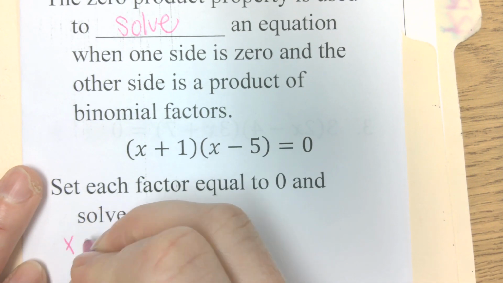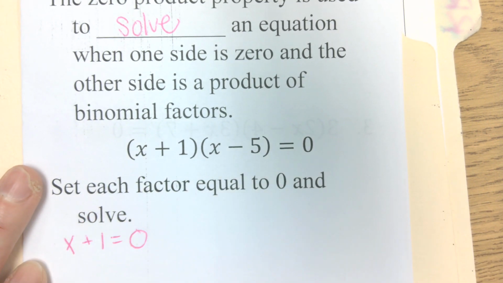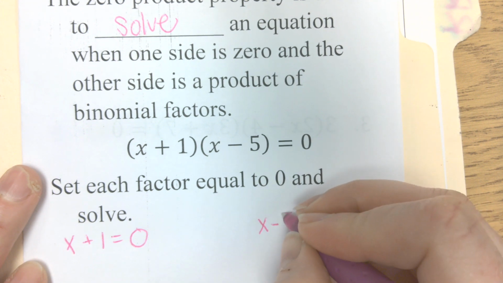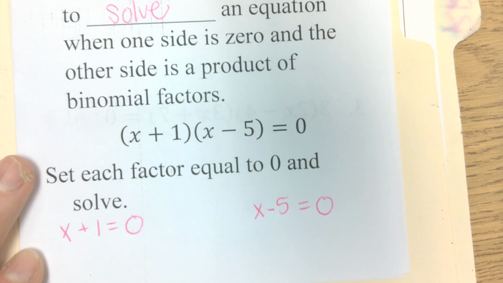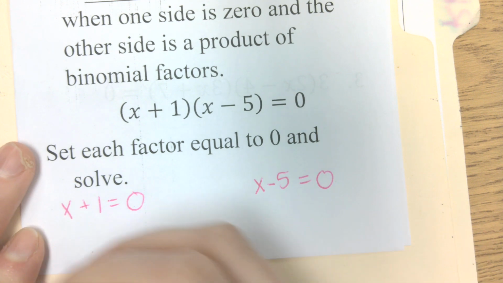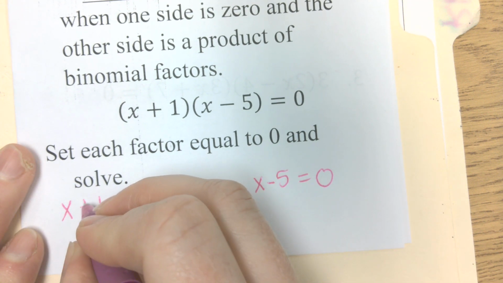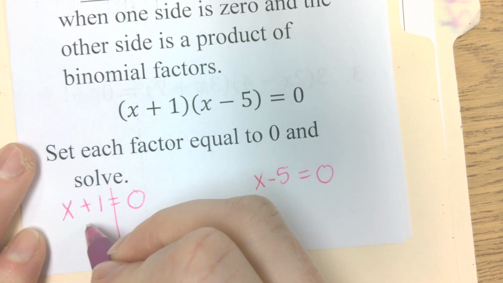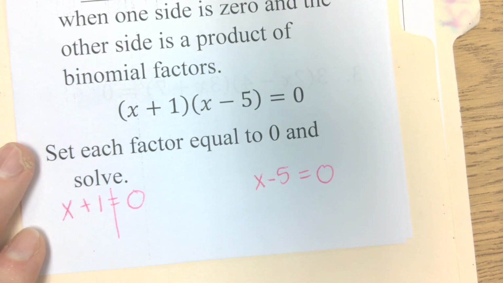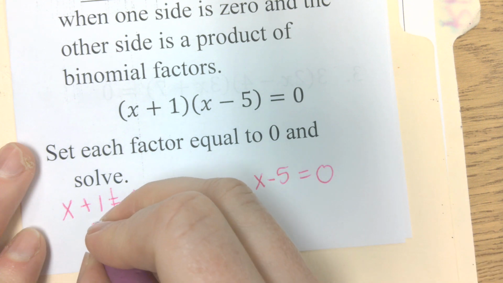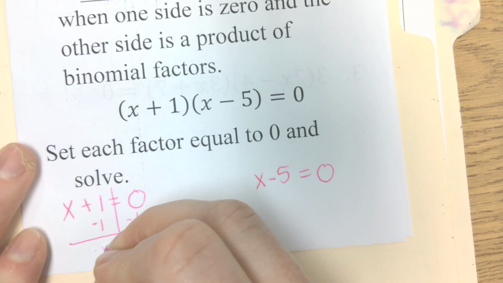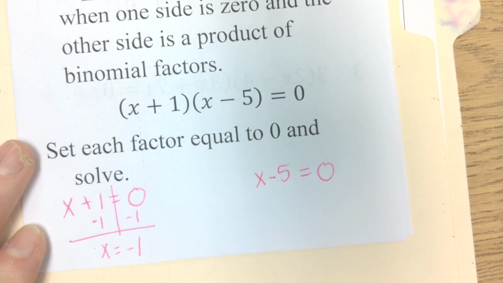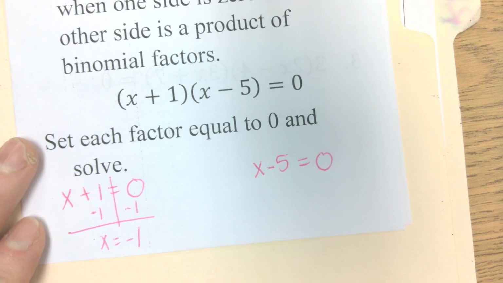So I'm going to say x plus 1 equals 0 and x minus 5 equals 0. And then we solve it. We would draw a line down the equal sign, and we're solving for x. So x equals -1.